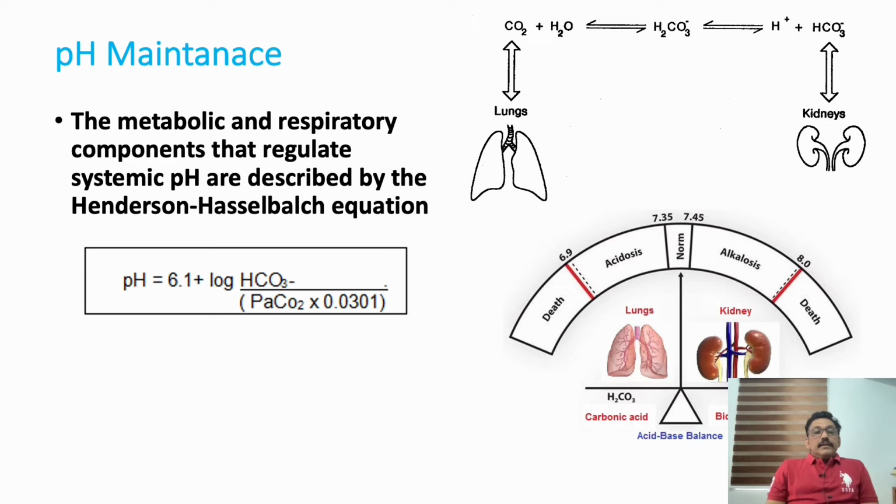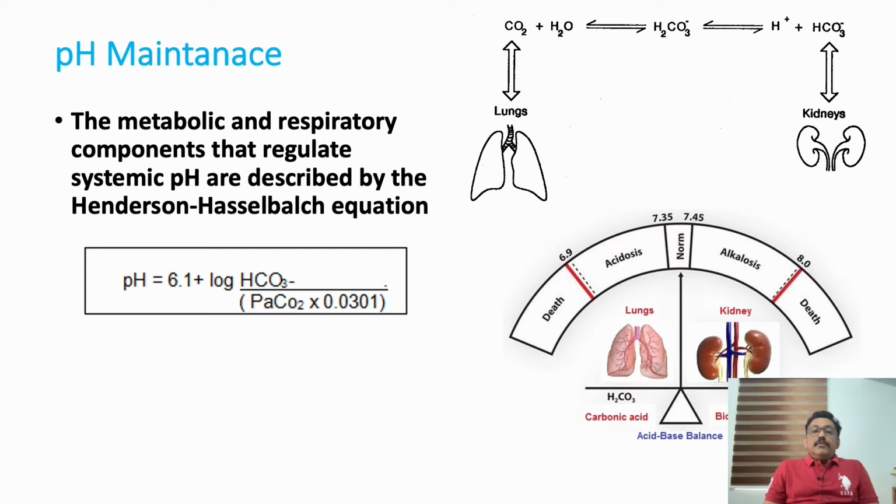So you can remember the Henderson-Hasselbalch equation, but normally we don't calculate all these things. It will be given by a point of care ABG machine. So you can see here carbon dioxide plus water gives carbonic acid. On the kidney side, hydrogen ion plus bicarbonate.